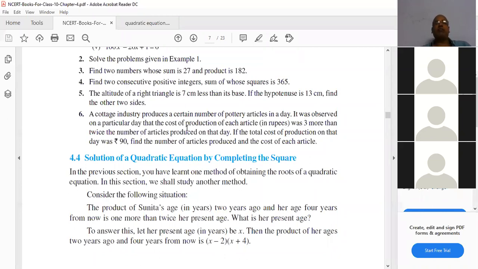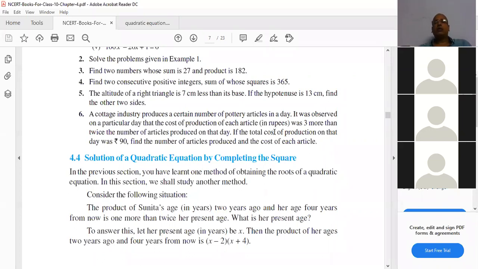Hence, the cost of production of each article is 2x plus 3. If you suppose, let the number of articles produced on a particular day be x, then the cost of production of each article in rupees is twice the number of articles and 3 more, meaning 2x plus 3 rupees. Is it understood? 2x plus 3, everyone.